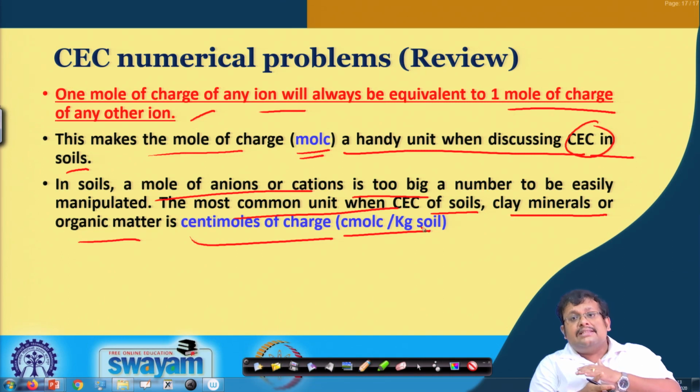Since the mole is a bigger unit and difficult to manipulate while calculating the cation exchange capacity in the soil, the most common unit is the centimole of charge, which is 1/100th of a mole of charge.